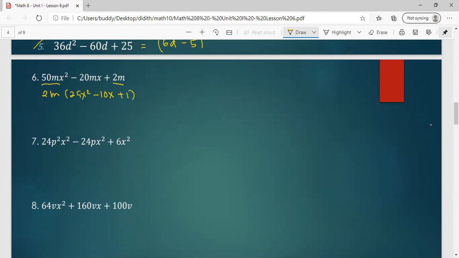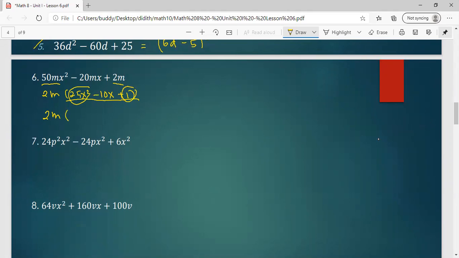Now, this is not yet the final factors, class, since the second factor here is still factorable. So we have to work on the factors, and this is a perfect square trinomial. So you have to write the first factor here and then work on the factors of this perfect square trinomial. So we will extract the square root of the first term and the square root of 1.